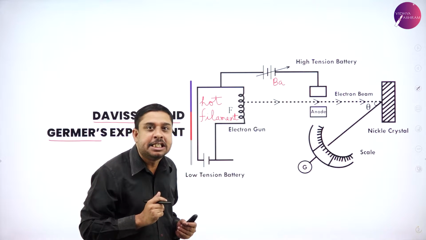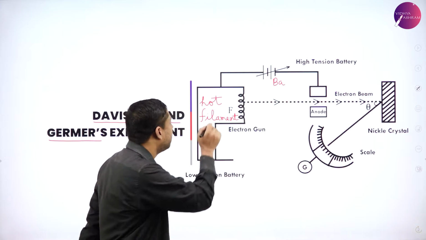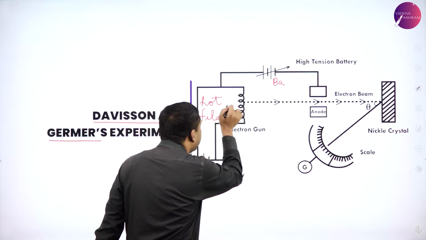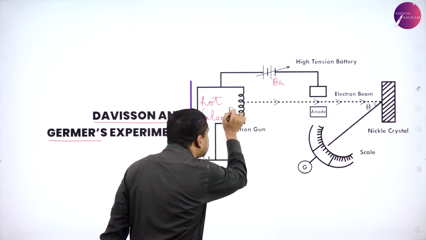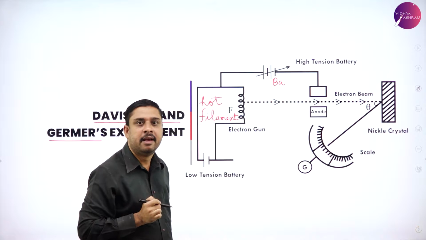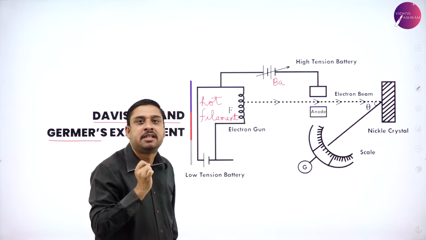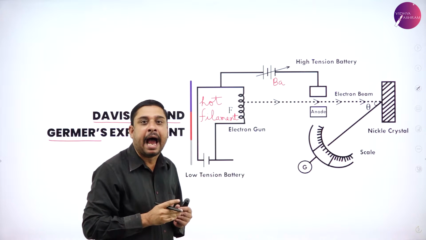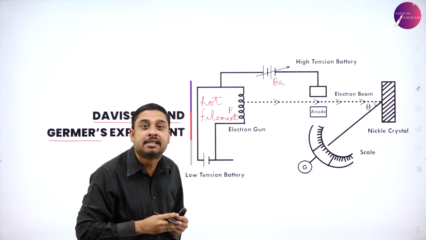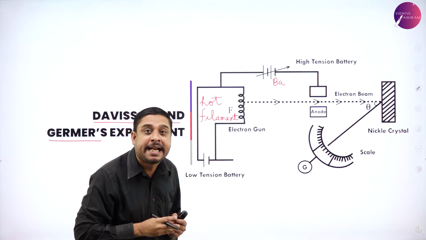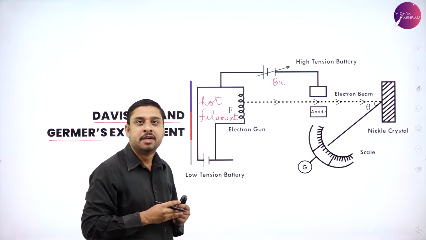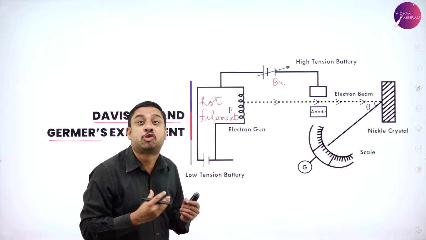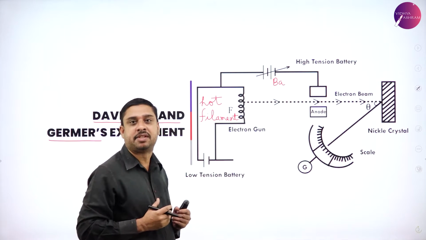When the battery is switched on, current flows through this filament. The filament gets heated up and electrons are liberated. So you need electrons for the experiment.